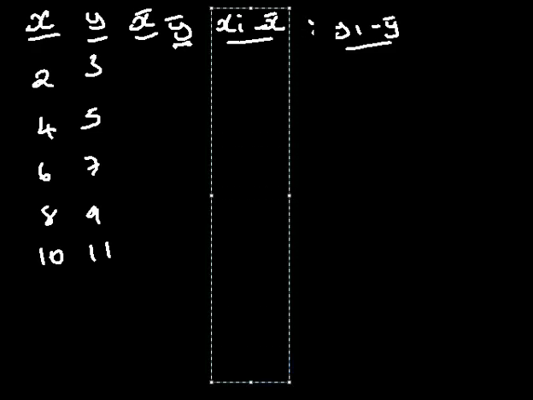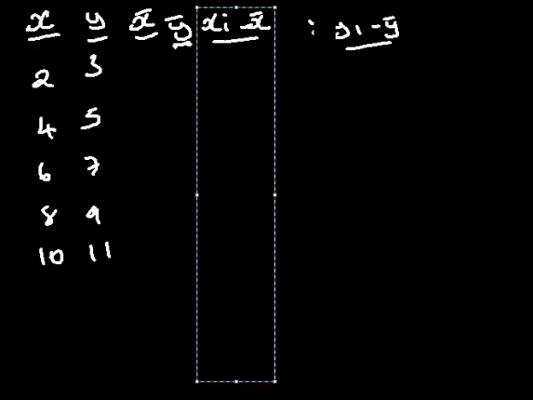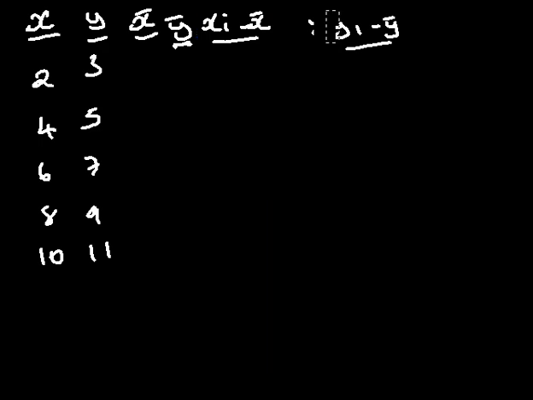And what you have to understand is that we need another column, the column for xi minus x bar squared.